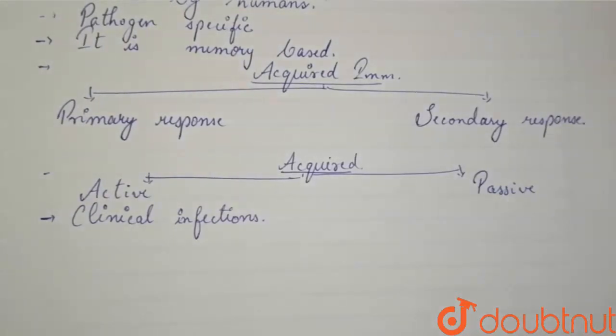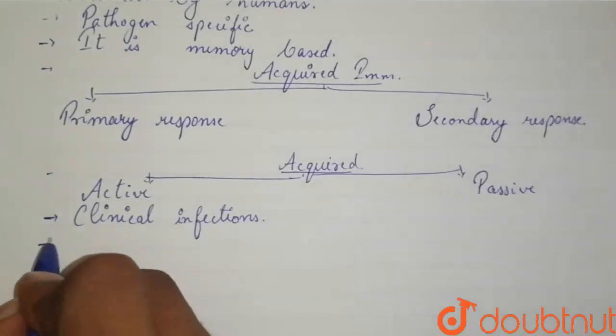Whenever a person suffers chickenpox, the person acquires acquired active immunity, that is, the body of that person produces antibodies against the chickenpox virus and has a memory against that virus. Therefore, whenever the virus attacks the person the next time, the body is ready for the attack and produces a large number of antibodies and creates a secondary response and tackles the attack.